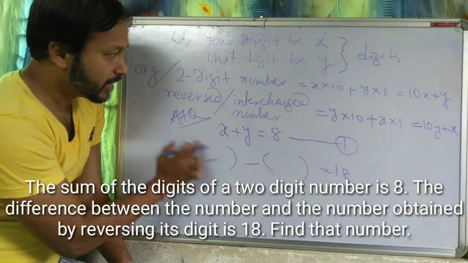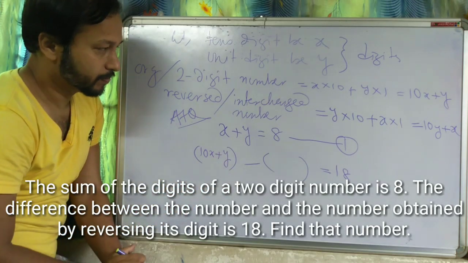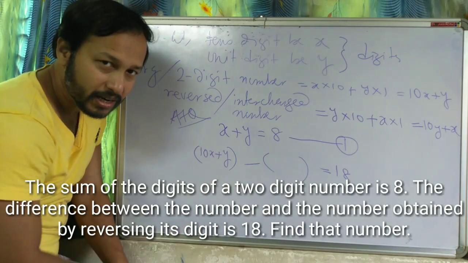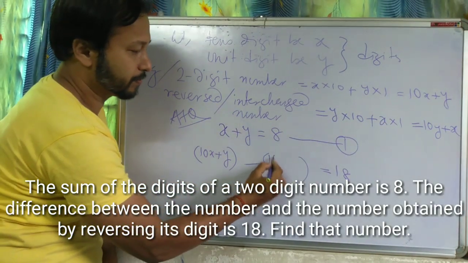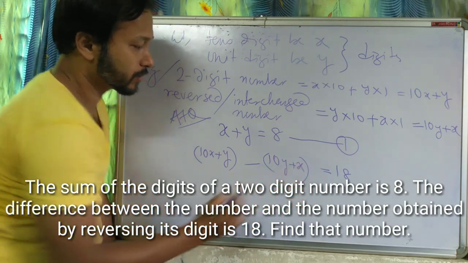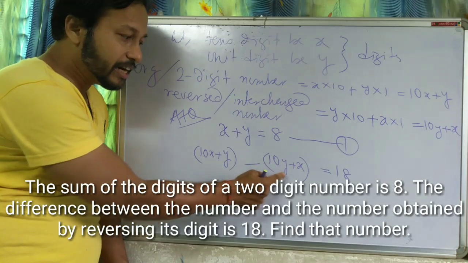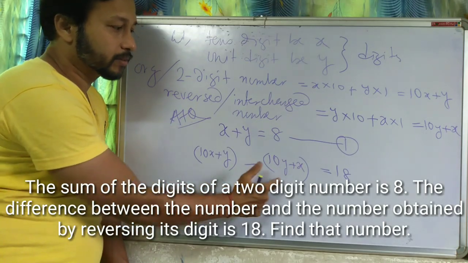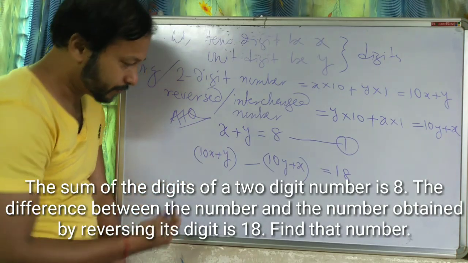So what is my original number? 10x plus y. What is my reversed number? 10y plus x. So the difference between the original number and the reversed number is 18 according to this question.